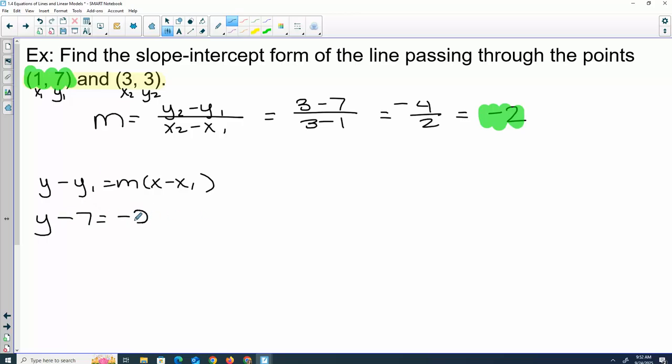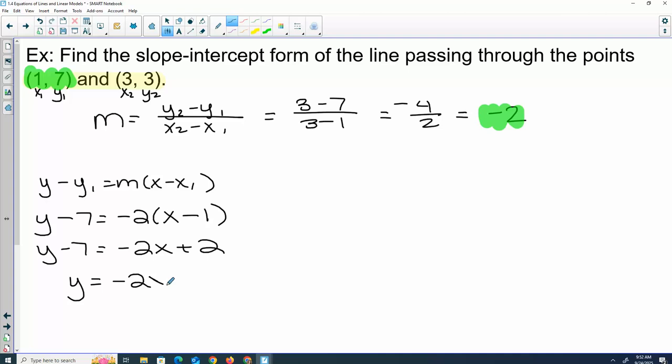My m is negative 2. X minus x1, so the x of my point was 1. So your y minus 7 equals negative 2x plus 2. Add over the 7. So we get y equals negative 2x plus 9. Do you guys remember doing that?